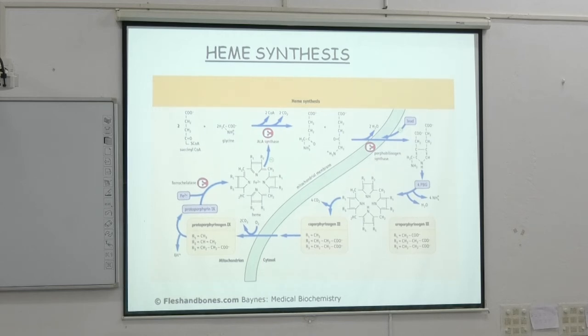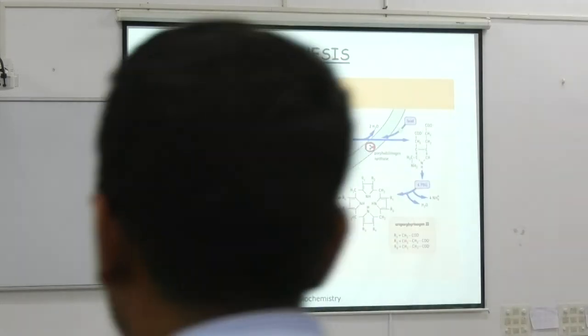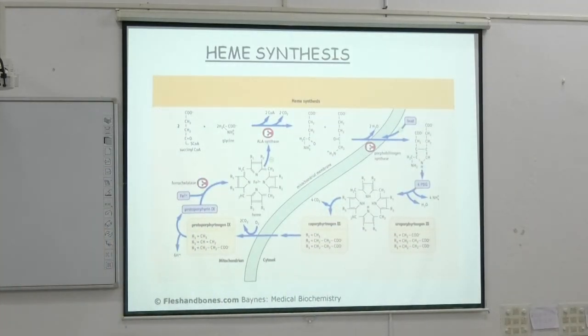At 490 nanometers, you will find the absorption peak, and this finding is called the Soret band. This Soret band is essential in the diagnosis of porphyria.